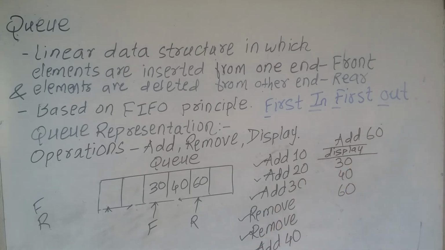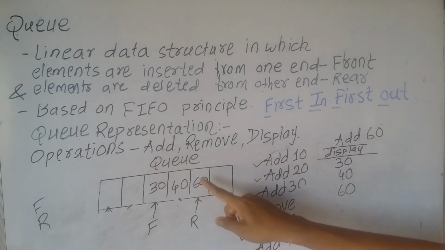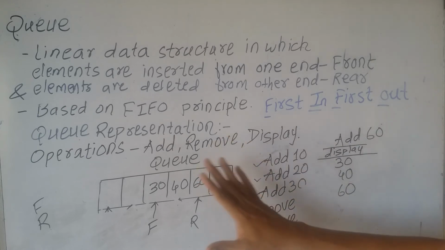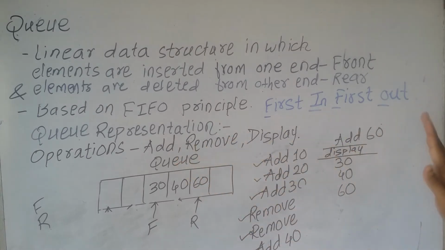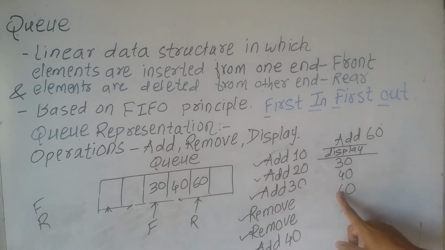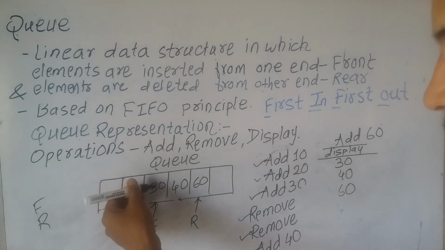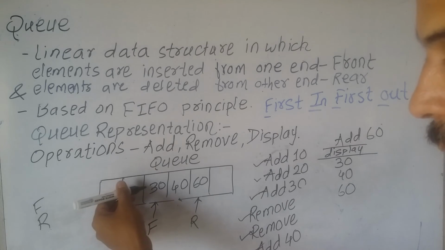See the difference? In the stack we get 60, 40, 30. The recently added element is always shown as the first element, but here we are getting it in a normal way. 30 is the first element which is displayed, then 40 and then 60, because if the cashier is sitting over here, who is the next person?